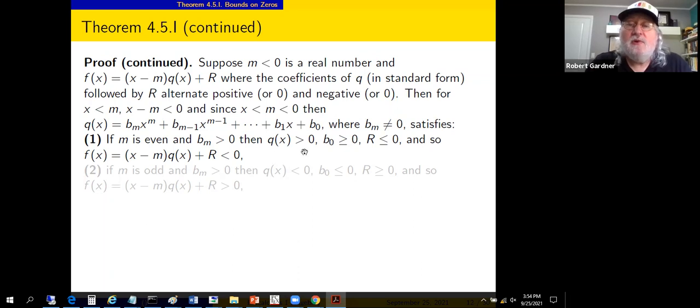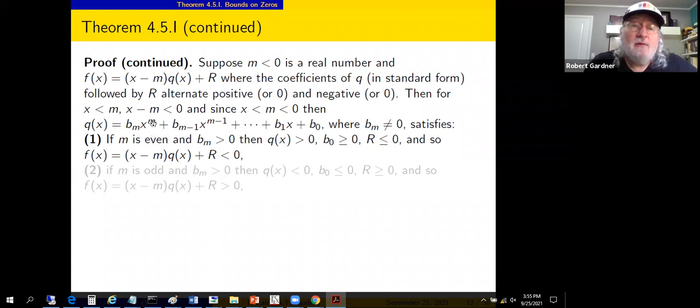They claim Q of x is greater than 0. Why is that? Well, b sub m is positive, m is even. So here we're taking a negative number x, we're plugging it into Q. We'll raise x to the m power, but m is even.